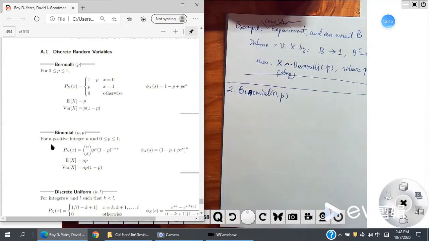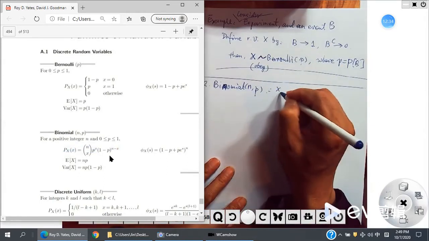Here, for positive integer n and 0 < p < 1, we have this mass function. Actually, the textbook does not list it completely, so it should be like this.